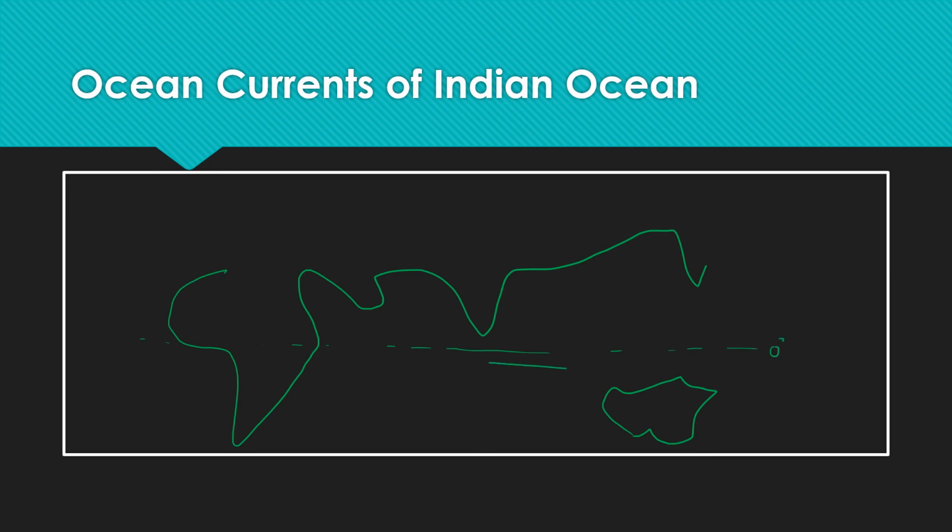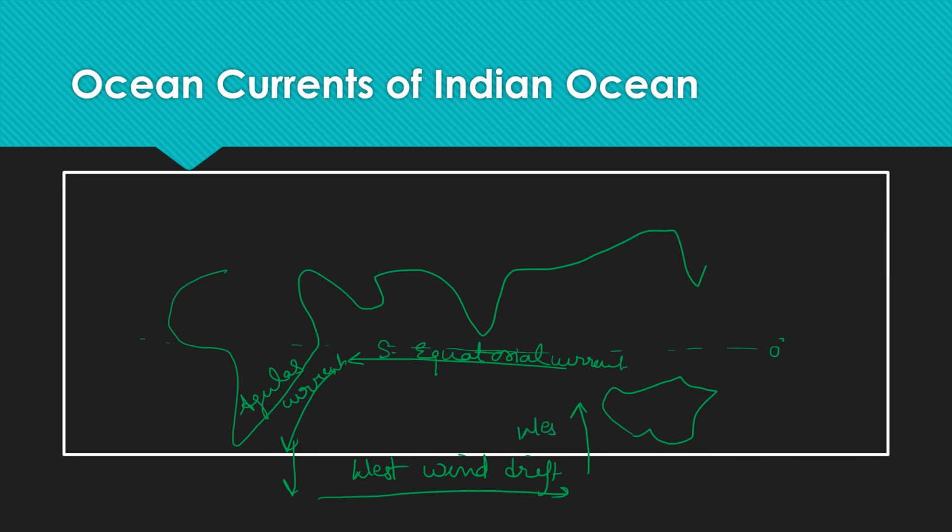So this will be the southern equatorial current. This is the Agulhas current. Moving from the equator, that's why it is a warmer current. Moving down, it will come in the form of the west wind drift because it is drifting from the west. Moving above, it is the West Australian current.